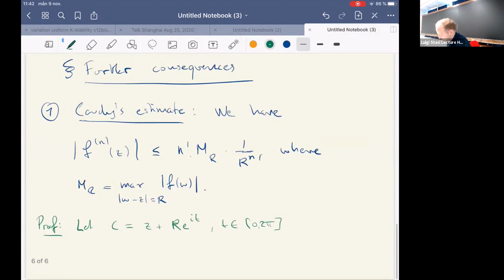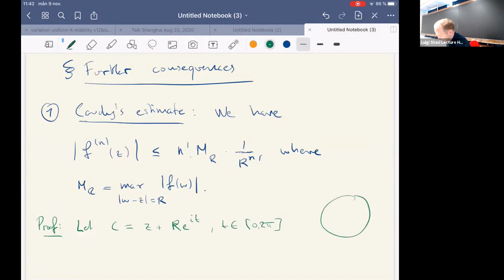So what we do is simply take a circle around z of radius r. And then we use Cauchy's integral formula. At this step, we use Cauchy's integral formula, and we get that this is equal to, so the absolute value here just tags along for now, the integral of this.